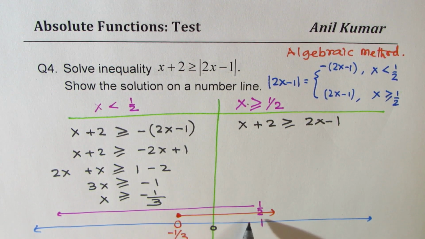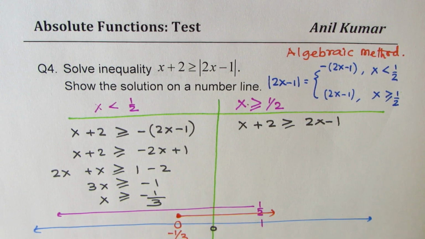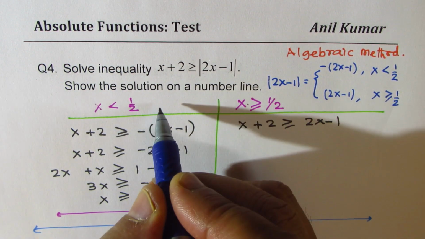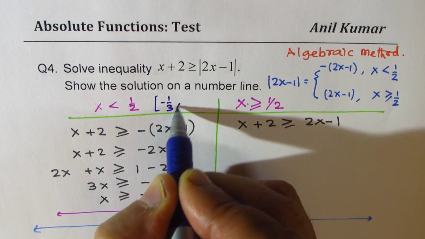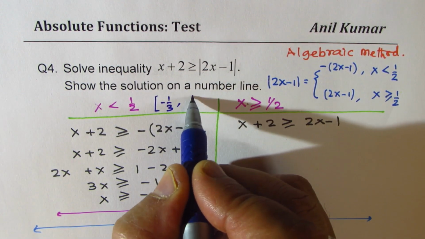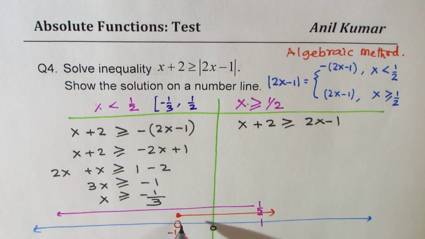So what is common between the two? The interval which is common between the two is from minus 1 over 3 to half, correct? So we get a solution here, and the solution is that x is between minus 1 over 3 and half. Correct?